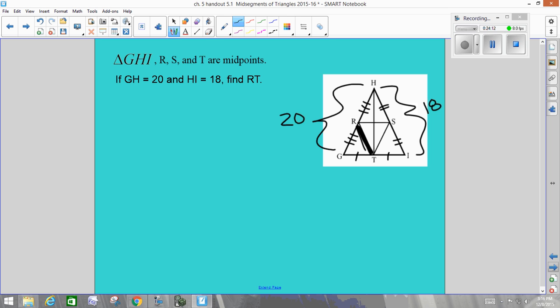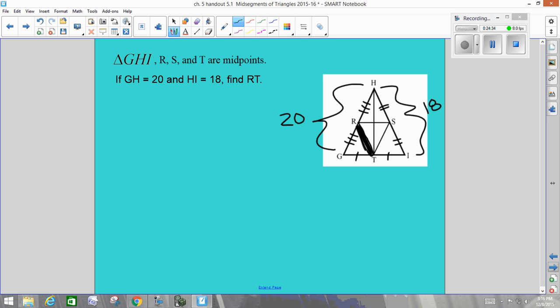For RT, how long is it? Well, they tell us that HG is 20, this far left side, and then the one on the right side is 18. We want to find this length right here.